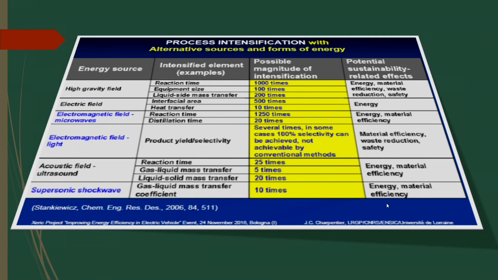You have to develop processes to get a magnified intensification of reaction time, equipment size, liquid side mass transfer, gas side mass transfer, interfacial area, heat transfer, and distillation time. You have to magnify the process output. So, these are the different strategies that we have considered in this lecture.